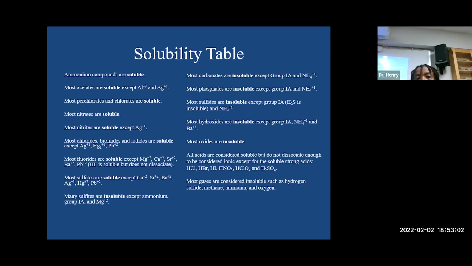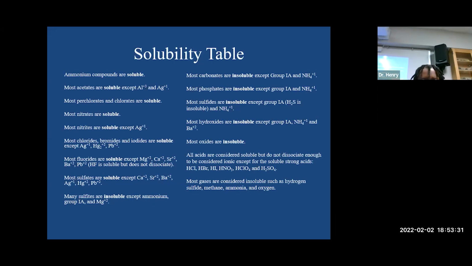Nitrites, they're all going to be soluble except for silver. Chlorides, bromides, iodides are going to be soluble except for with silver, with mercury, and with lead. Fluorides are going to be all soluble except when they're with magnesium, calcium, strontium, barium, and lead.